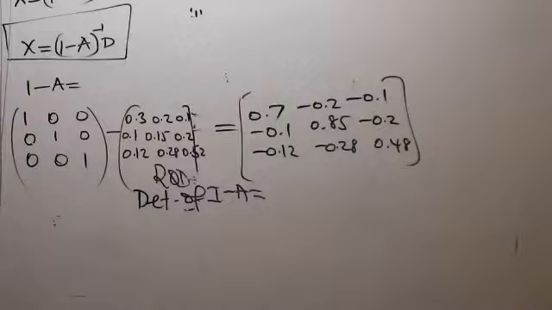So determinant of A, according to the AI tool, is 0.219. 0.219. How about Lucy? How about Kadra? How about Match?